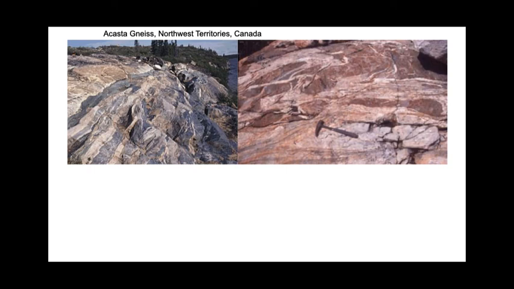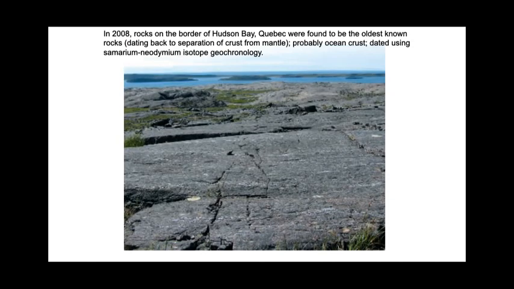Next you see some of the oldest rocks on Earth. Now this is on the continent, but those are basalts that were extruded and formed ancient ocean crust. When they did samarium-neodymium age dates on that, they got back to, I think it was 4.28 billion years on these rocks.